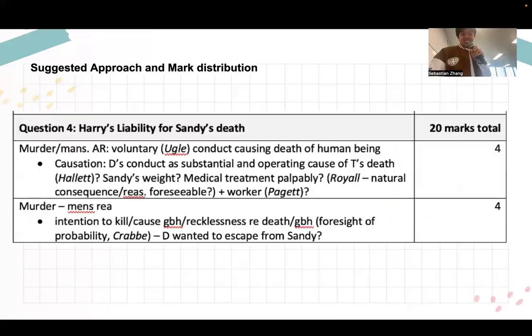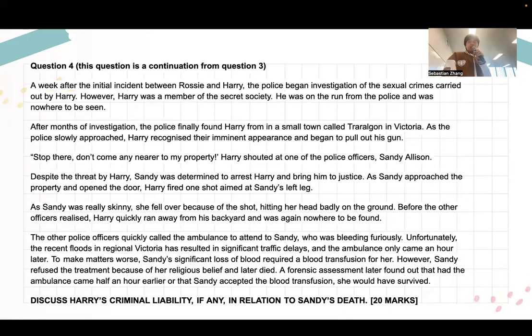Okay, so now this is the question. This is a question from last week actually. Just to give you guys a reminder of what has already been discussed here. This was the case about Harry and Sandy, Harry's criminal liability in relation to Sandy's death. Last week we argued maybe the chain of causation has been broken, maybe it hasn't been broken.